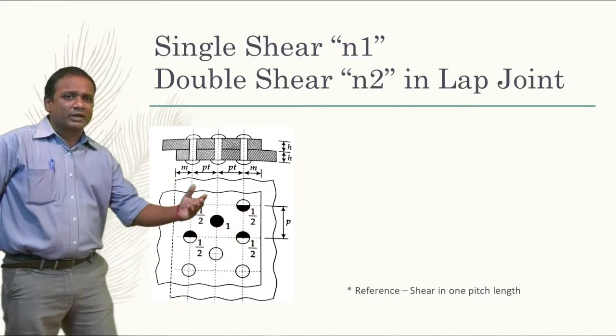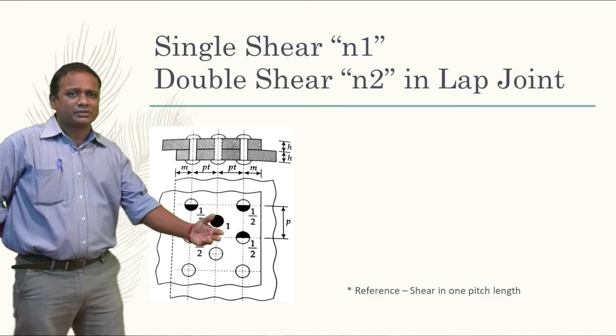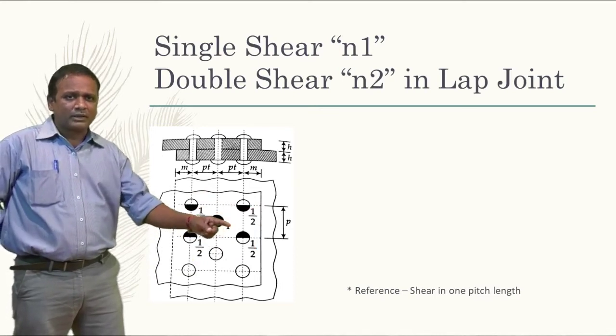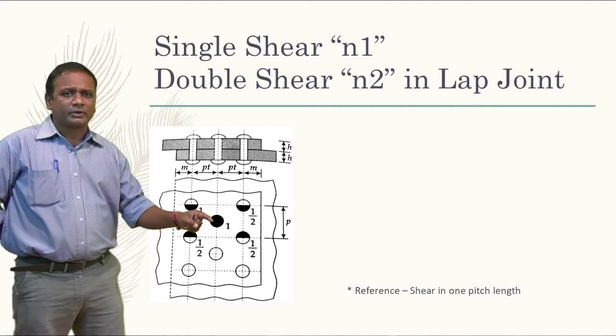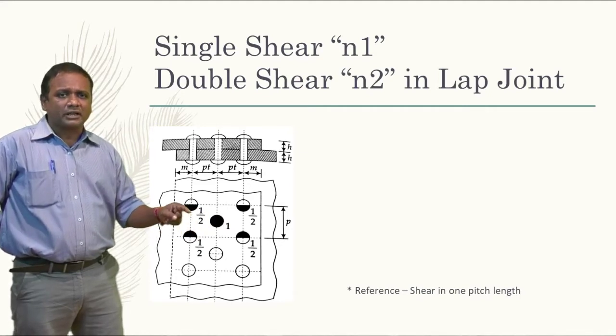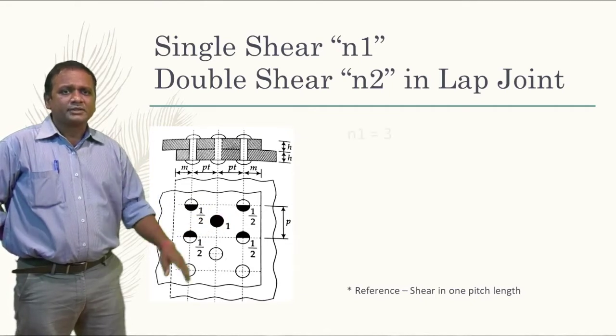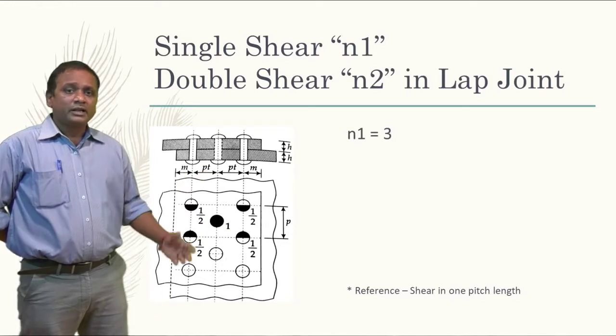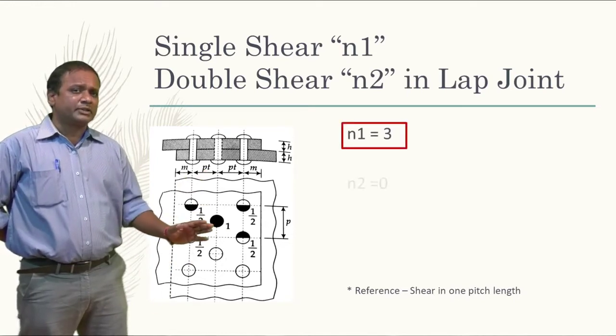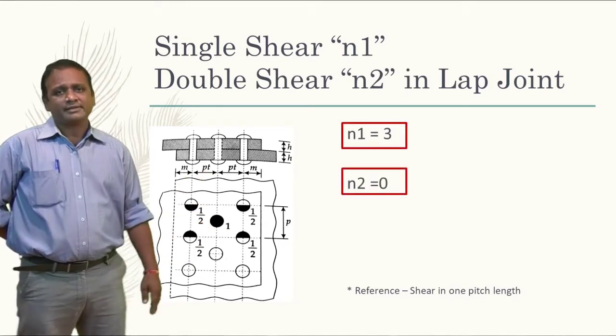Within this, how many rivets undergo a single shear? Half and half is one, and one full rivet undergoes a single shear over here. And again here, half a rivet and half a rivet is again one. So one, half and half, one, half and half, one: 2, 2 plus 1, 3. Therefore, N1 is equal to 3, and we don't have any double shear in this, so surely N2 should be 0.